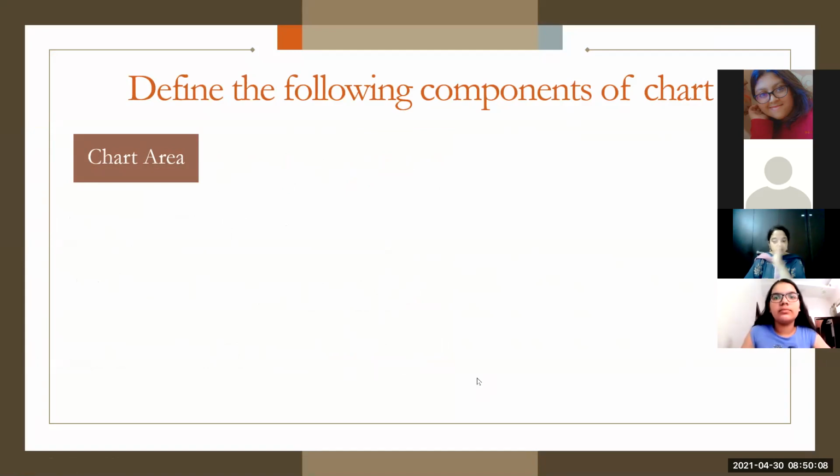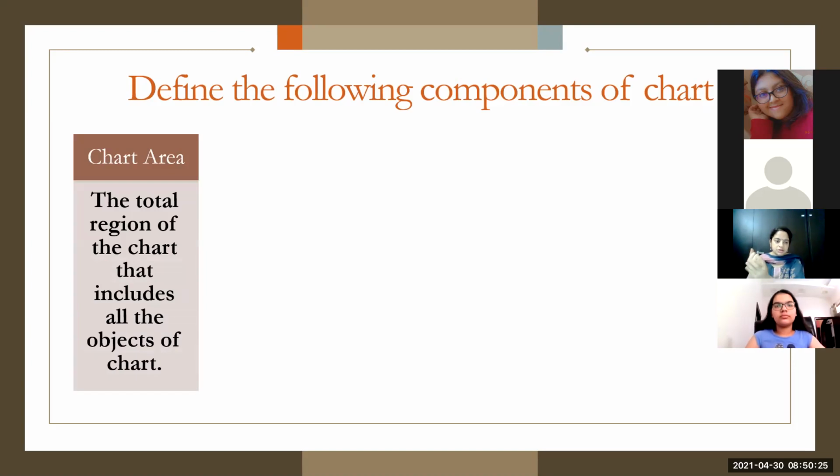That means in which all the objects of the chart are included. So, what is chart area? The total region of the chart that includes all the objects of the chart.